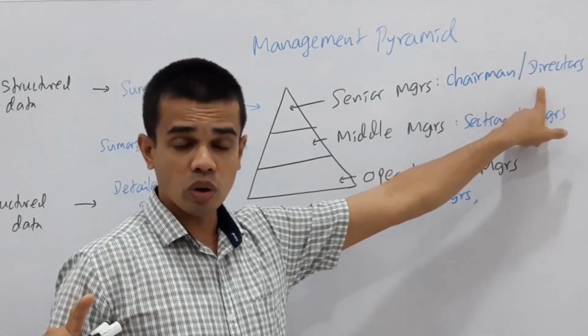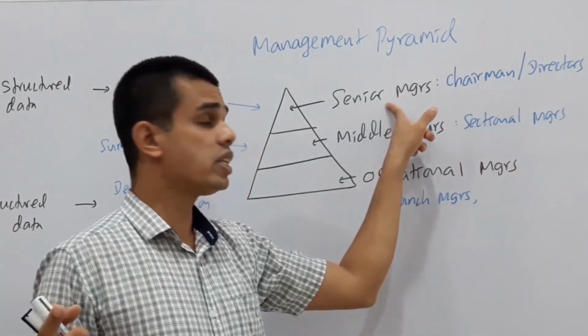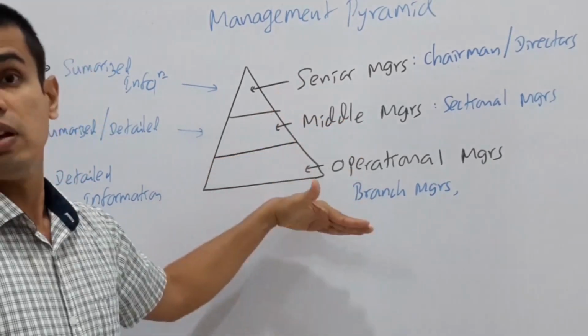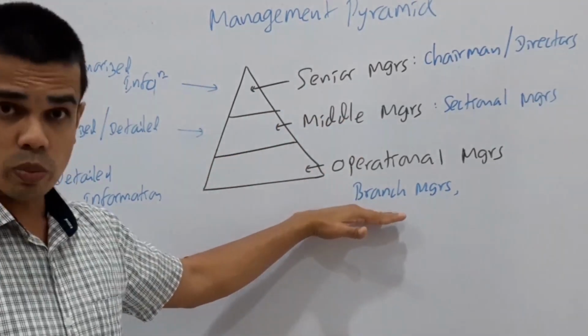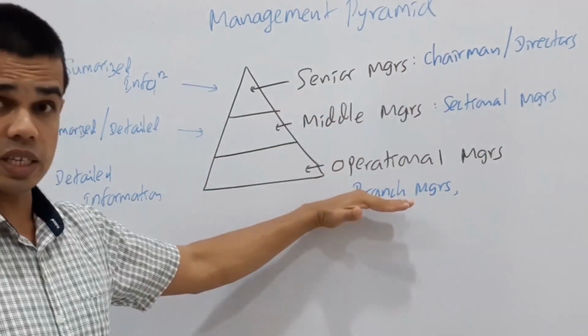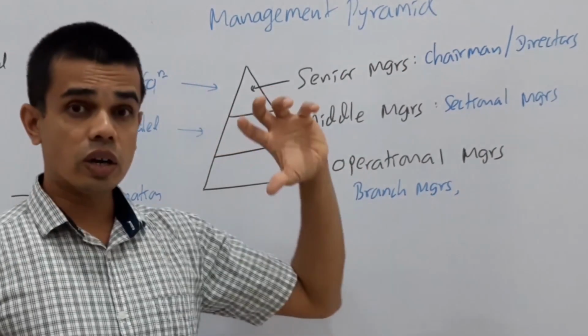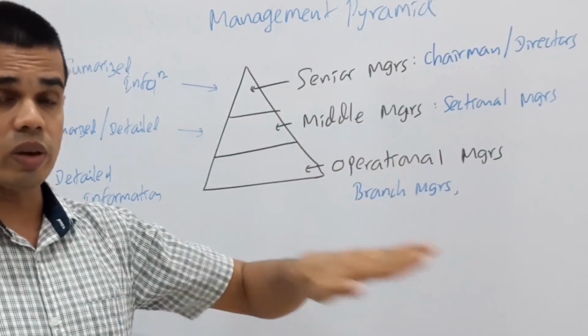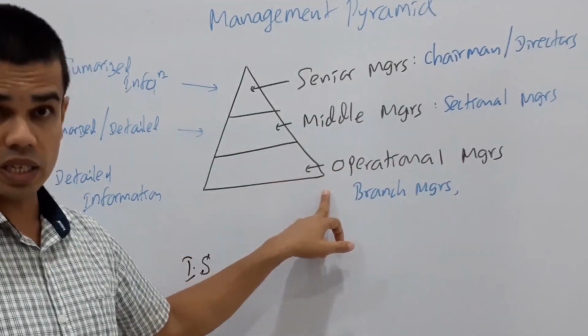Sometimes, if there's a board of directors, they fall under the senior management category. Then operational managers are the lower level managers, maybe branch managers. If there are many more branches, each branch is under a branch manager. Sometimes there can be team leaders to control a few employees. That's going under the operational managers.